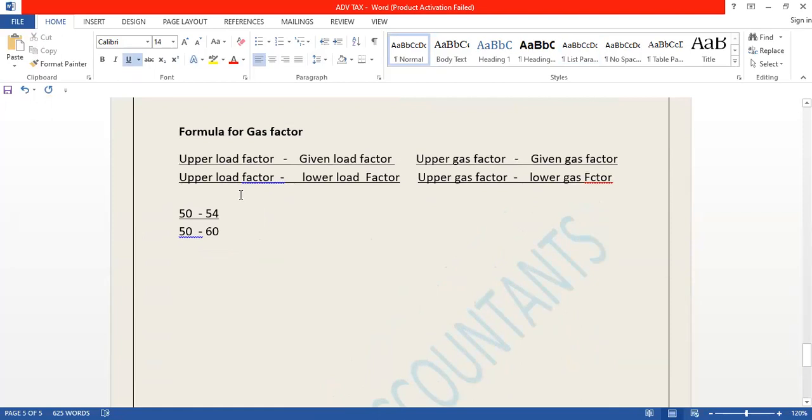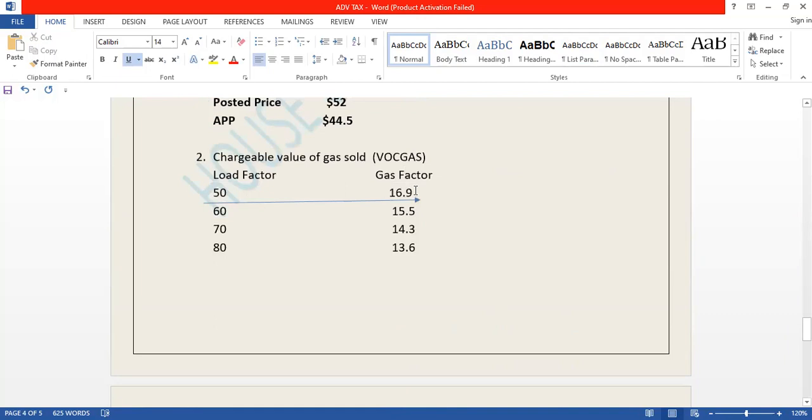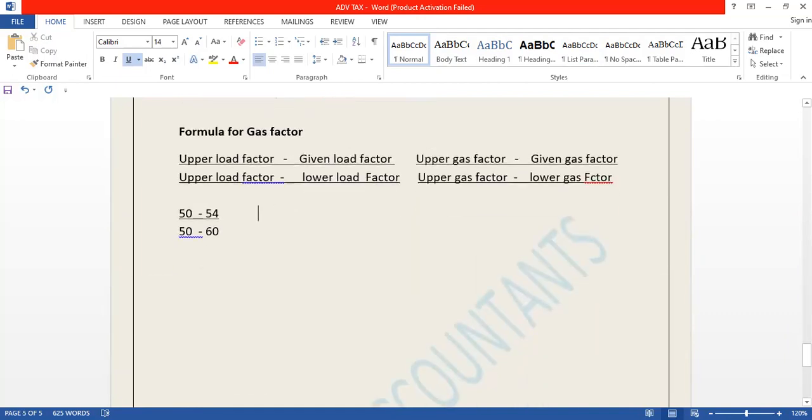What is the upper gas given to us? The upper gas given to us will be the one that is facing 60 degrees from here. So what is facing 60 degrees? That is 16.9. So we have 16.9, then minus, based on this formula, what is our giving factor? They didn't give us anything of the gas factor, so we are going to represent it with X or any letter.